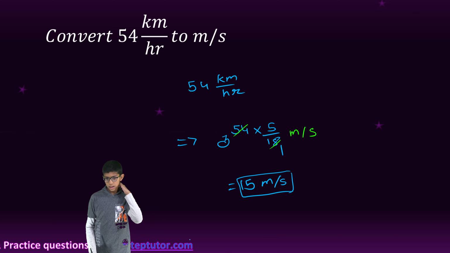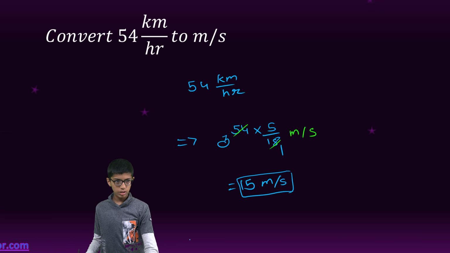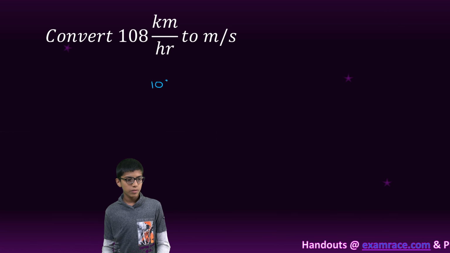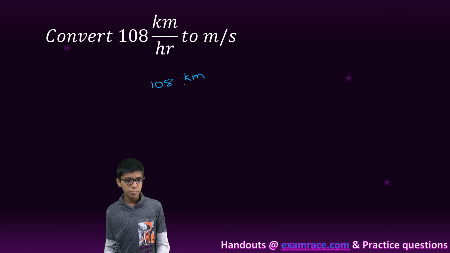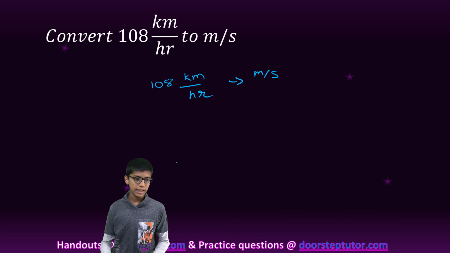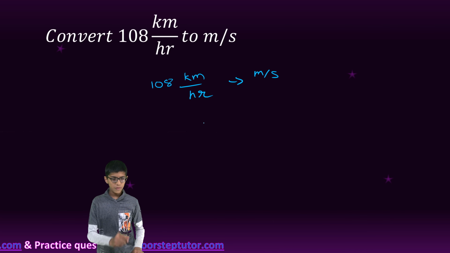Now the last example. Did you check this one out? Do you find it is correct? Yes, you are right. Now the next one is 108 kilometer per hour to meters per second. So we will multiply by, yes, 5 by 18.